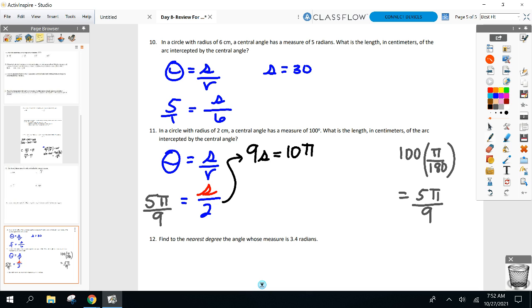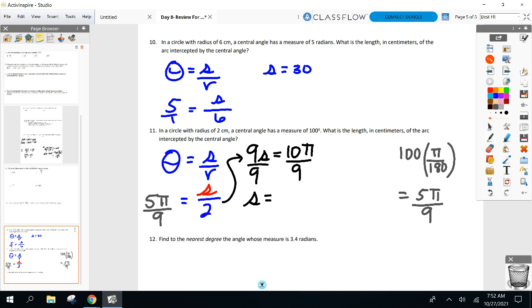How do I get the S by itself? Divide by 9. Tomorrow there will be rounding directions. Don't leave it like this. You can't have an arc length in radians; it's got to be in centimeters, inches, feet. So go to your calculators: 10 pi divided by 9.